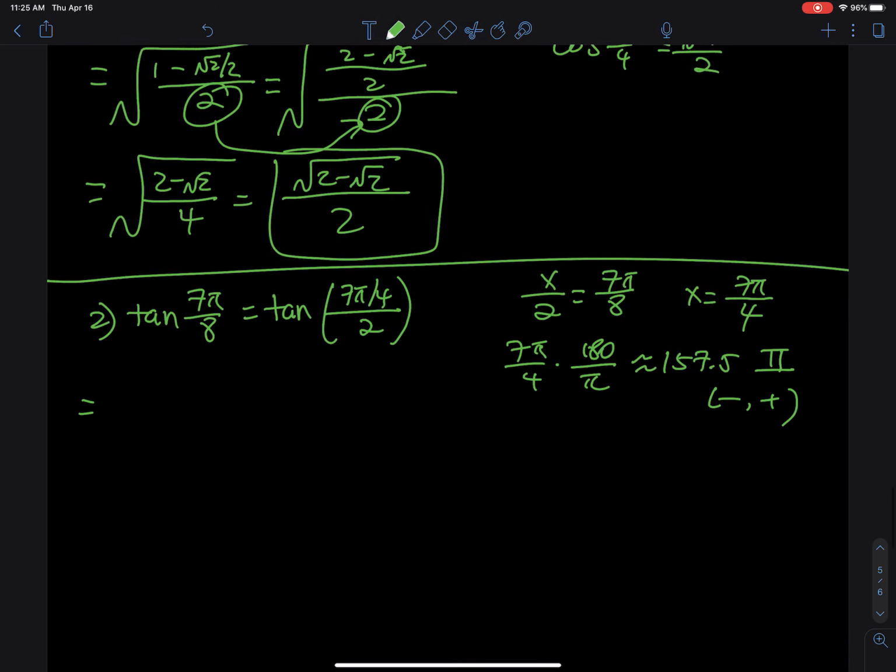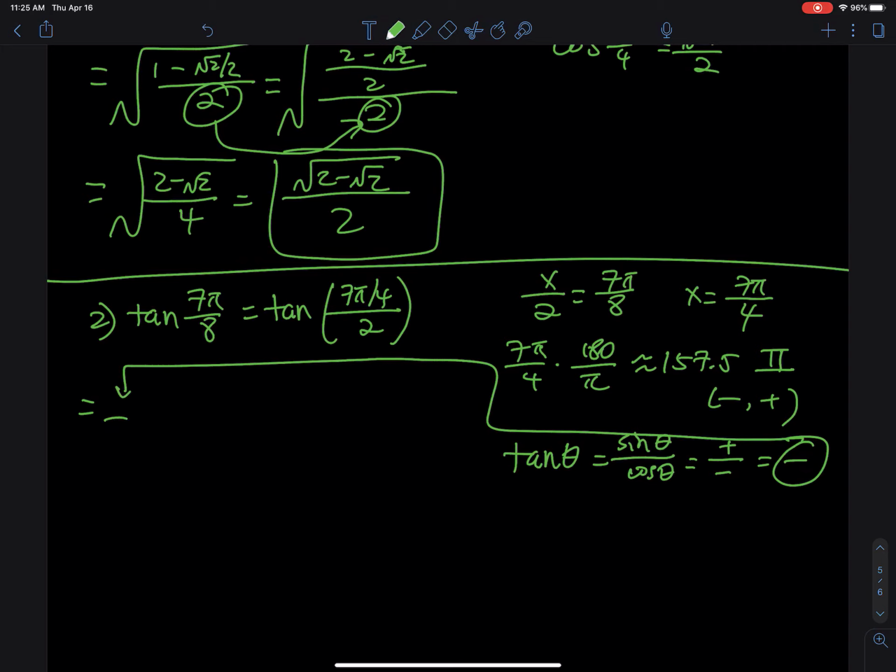Let me show you why really quick. Tangent equals sine divided by cosine, right? So that is plus divided by a minus, which is a minus. Positive y, negative x, so you have a minus. So this minus will carry over here, a big minus.